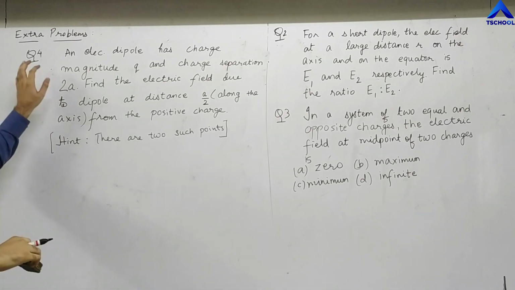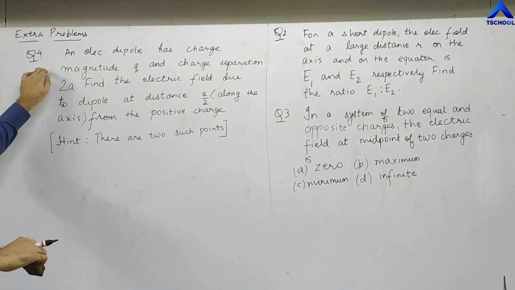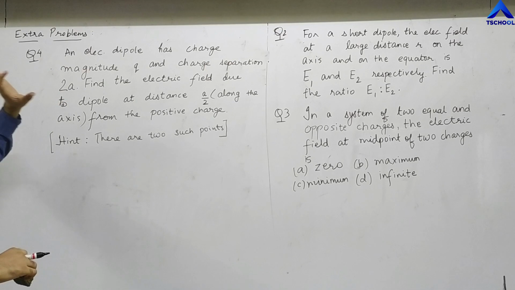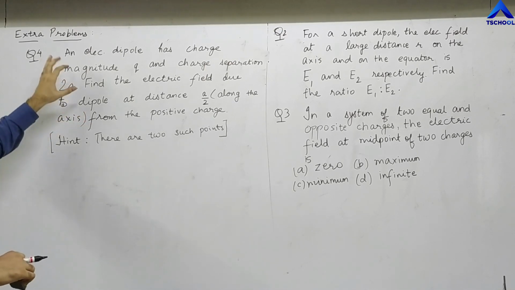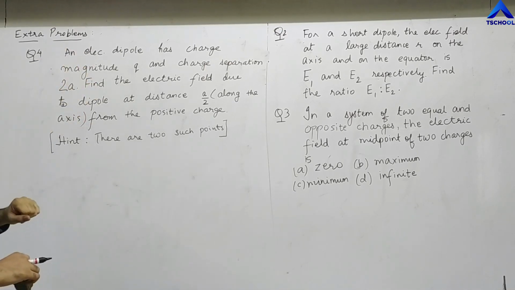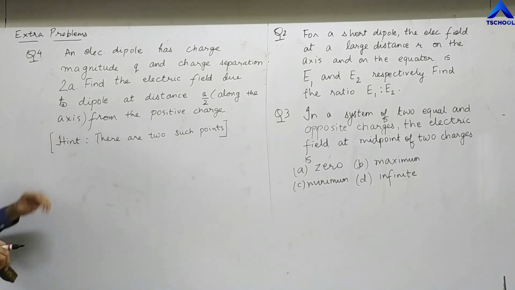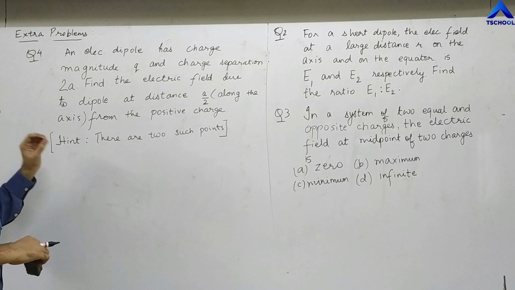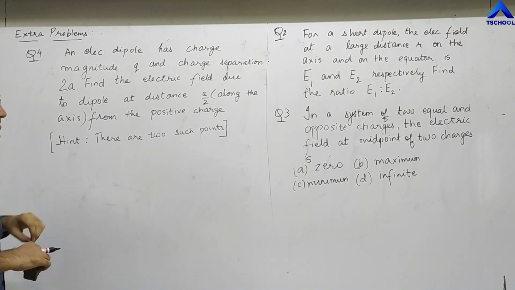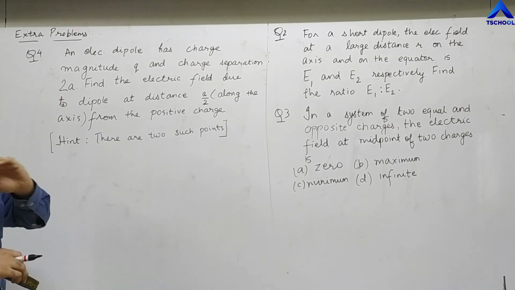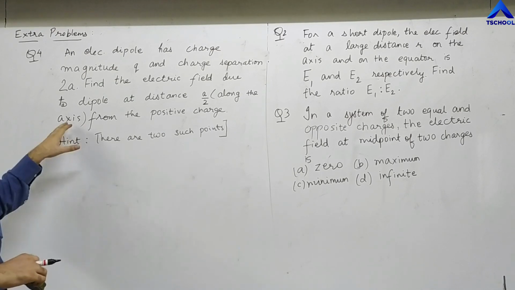So here's the fourth question. I'd like to explain a bit about this one. It says that there's an electric dipole, it has charge magnitude Q and charge separation 2A. We have to find the electric field due to the dipole at a distance A by 2 along the axis.